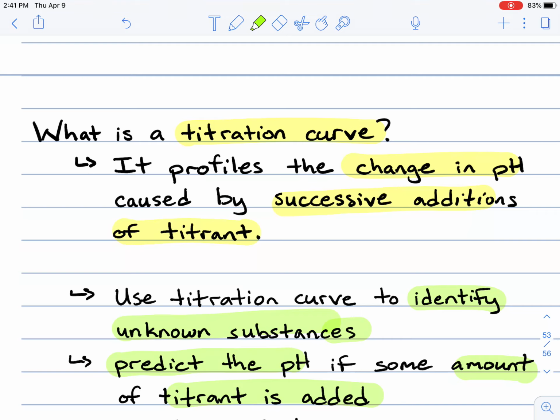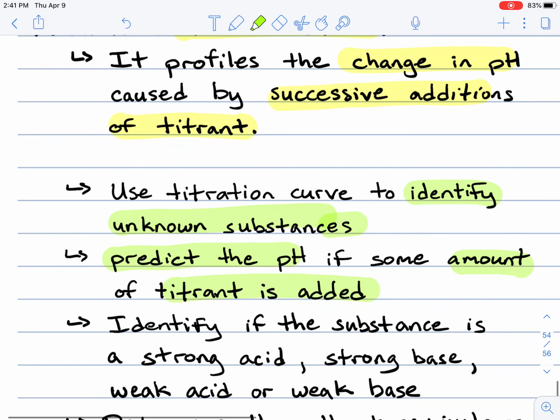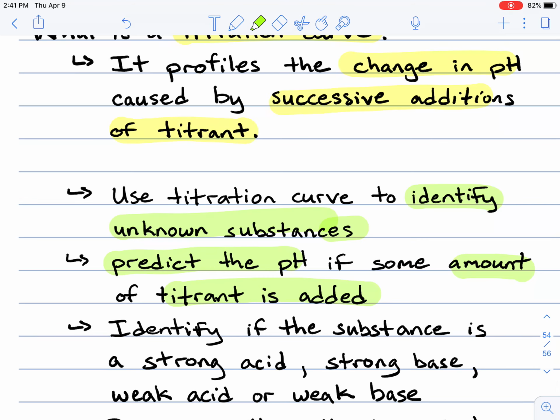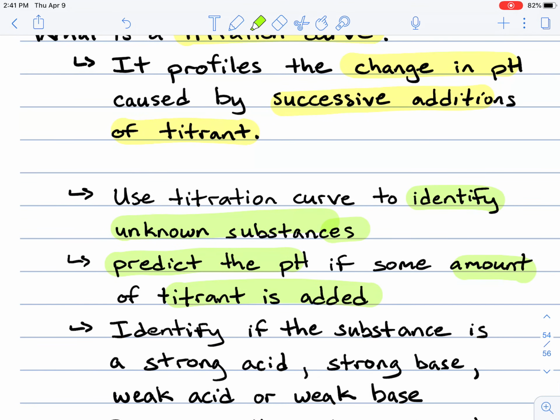And that tells you what the pH will be if a certain amount of titrant is added to the solution. We can also use the titration curves to identify if the substance, our analyte, is a strong acid, strong base, weak acid, or weak base. And the titration curves that we're going to be working with take a look at all four of them.